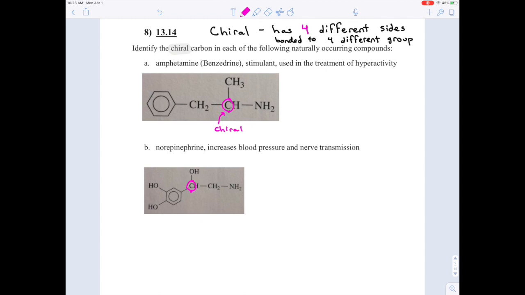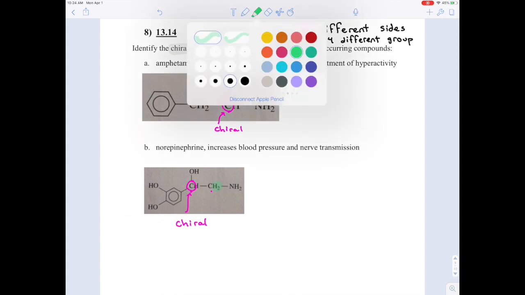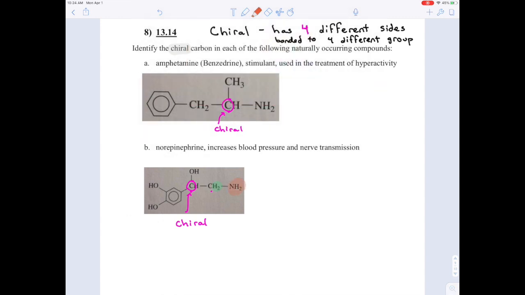This carbon comes in 2 different versions, a left-hand version and a right-hand version, and they would affect a creature, be it animal, human, or plant, differently. Each version would, depending on whether that carbon is left or right-handed. So that is a chiral carbon. Let's think about this next one, this one right here. That's bonded to hydrogens. Separately from that, you can see the bond to this nitrogen group, so that's 2 things.